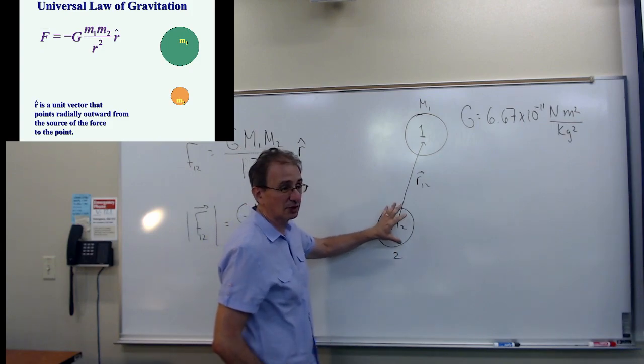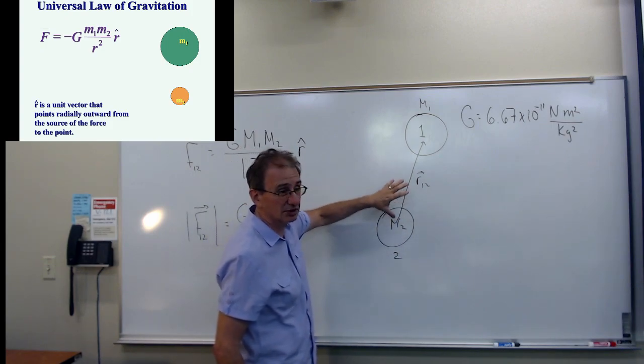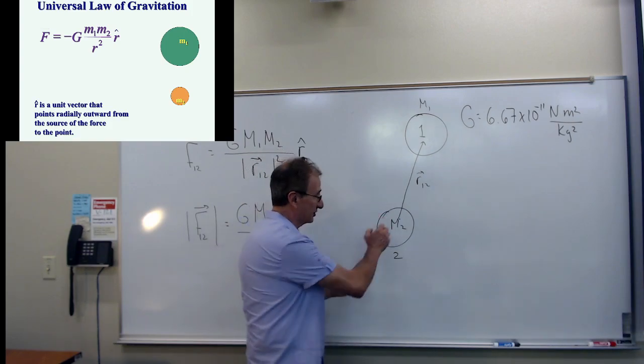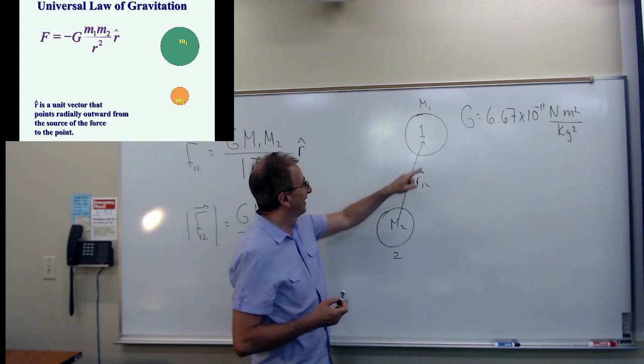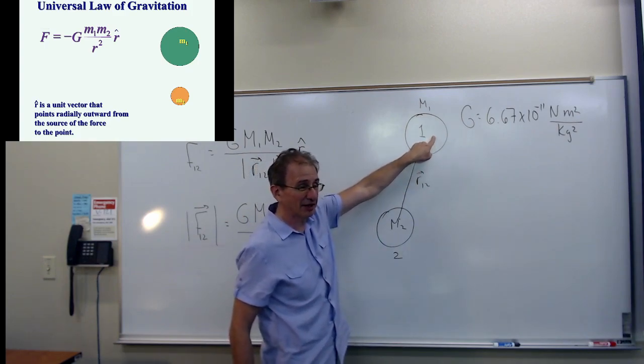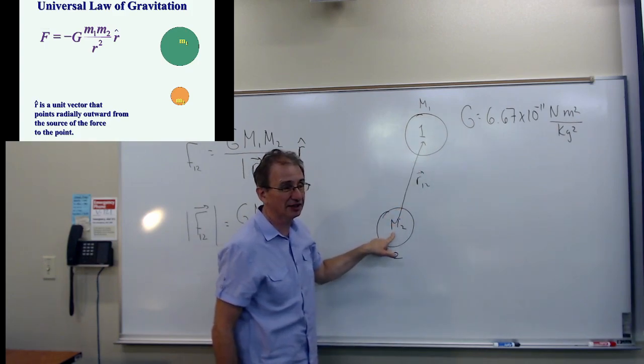Let's say there was some sort of perturbation that made this move, so the distance slightly moved. Or let's say this thing just exploded, like a planet exploding. Is this planet going to feel the effect instantaneously?